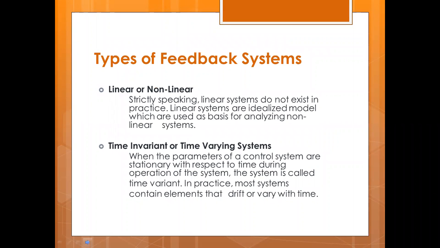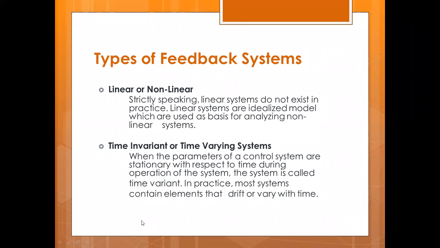As to types of feedback systems, we know we have positive feedback and negative feedback, but they can also be categorized as linear or non-linear, time invariant or time varying systems. Strictly speaking, linear systems do not exist in practice.